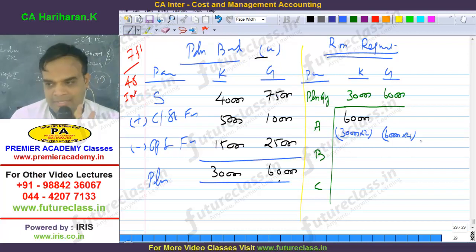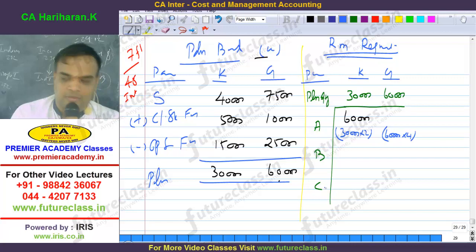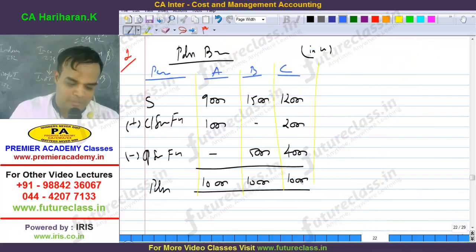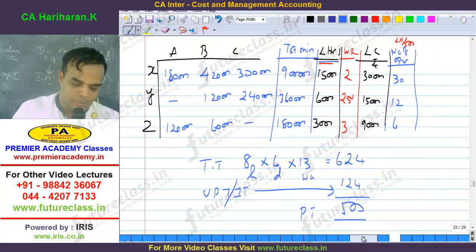This is the total. Raw material requirement budget. A, B, C are raw materials. K and G are finished goods. Very similar to the first problem. Clear? This is the production budget.